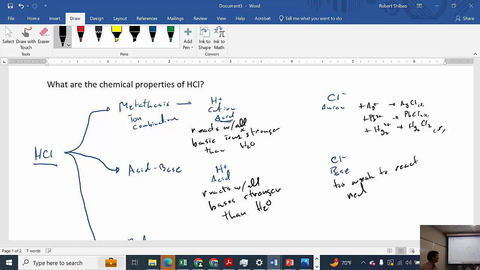Superacids? Yeah, it could react with superacids, but exotic reactions we'll consider case by case like that. Too weak to react in water. Superacids, you have to use a different solvent, otherwise the superacid will attack the water.